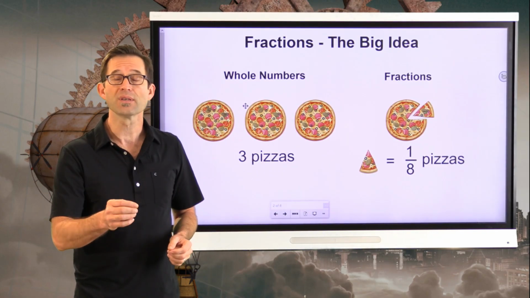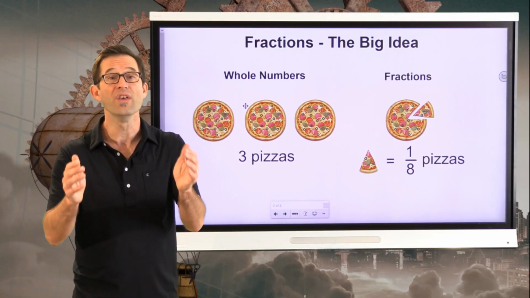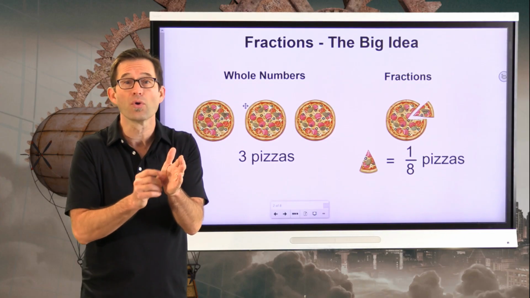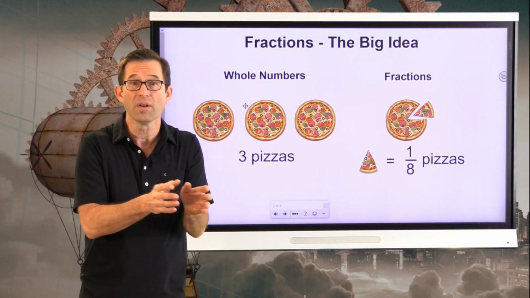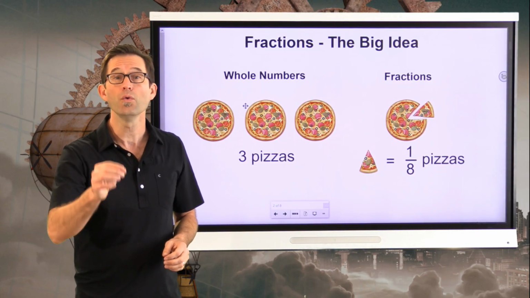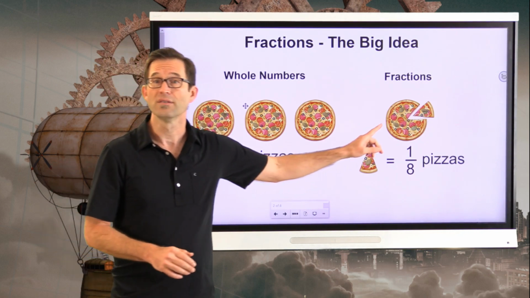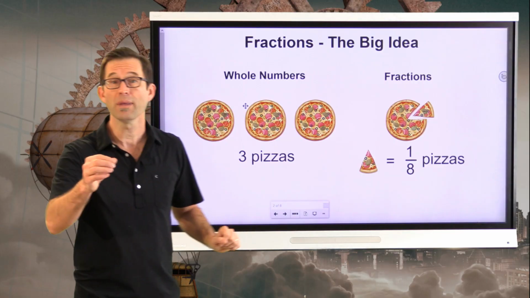And it now allows us to say, if we've decided on this as the unit, whatever this is, 1 candy bar, if I now give a person a smaller amount than that, I can say, well, I cut it up into 5 pieces, and here are 2 of them. So you've got 2/5 of a candy bar. I could take 6 of these pieces, and I would have 6/8 of a pizza.